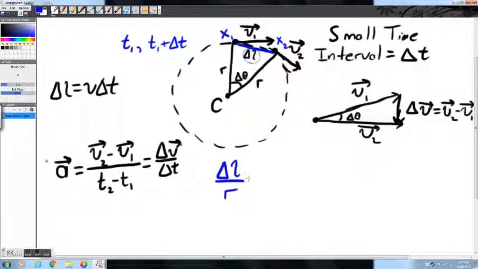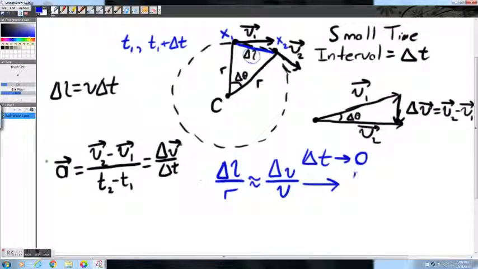And we demonstrate that by writing that these 2 ratios are going to be equivalent, but only equivalent for small delta t, for small time. As the time approaches 0, then this will go to an equality.